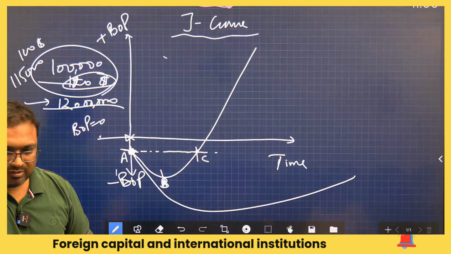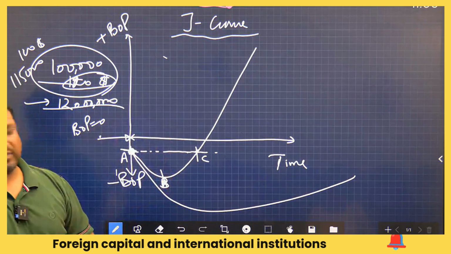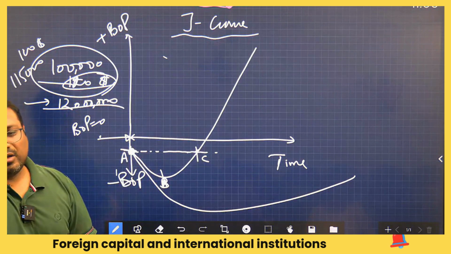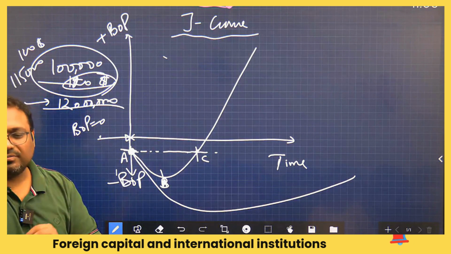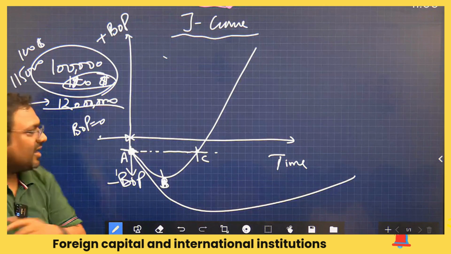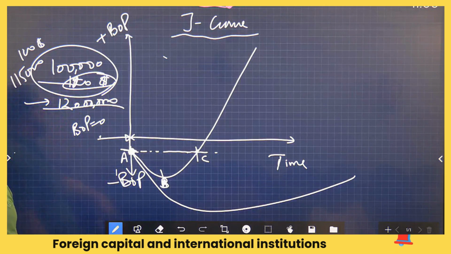Clear है अभी पूरी तरह से? So it takes time for you to make a recovery. So it all depends upon the elasticity, right? The country having elastic trade is likely to recover fast.